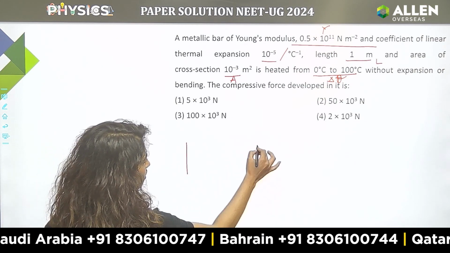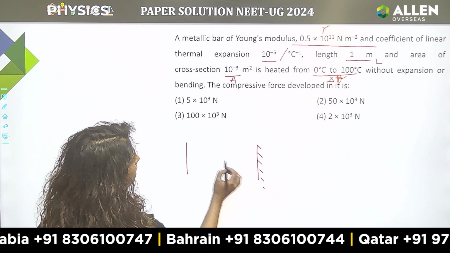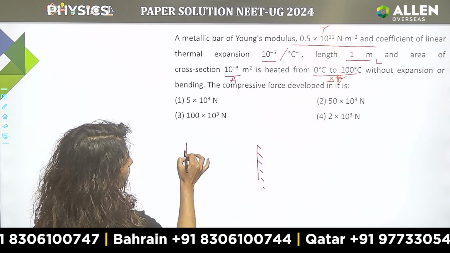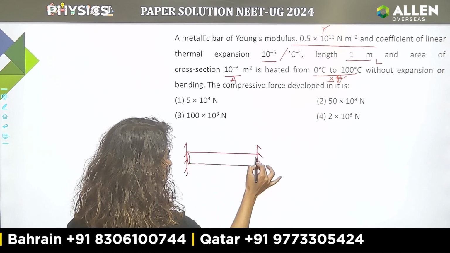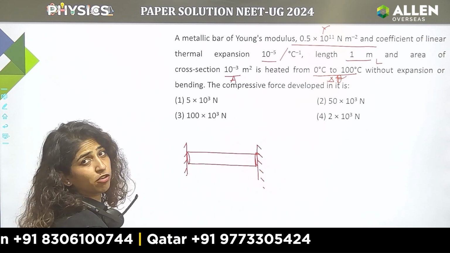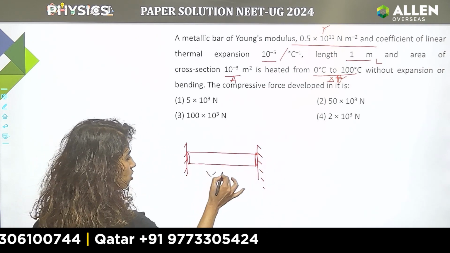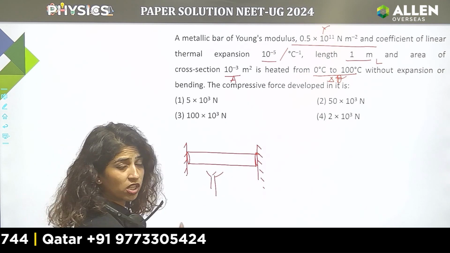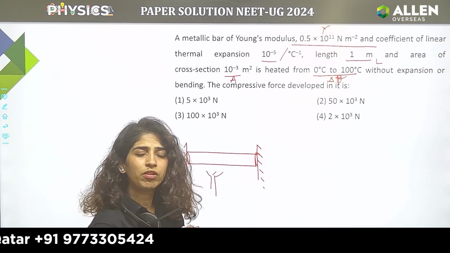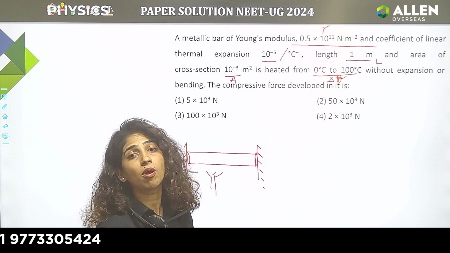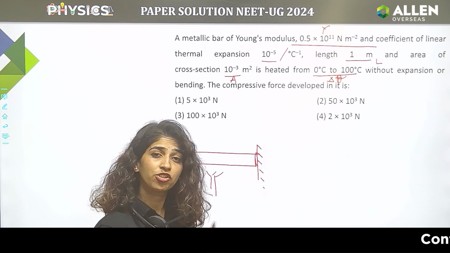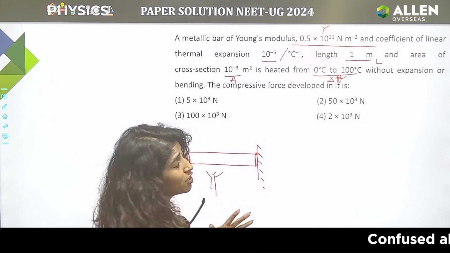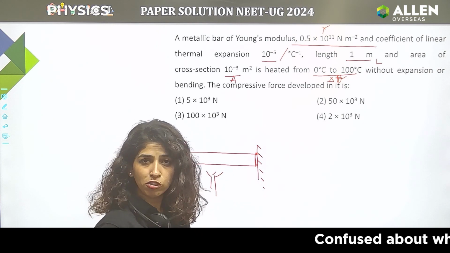Let's understand the question. There is a rod which is fixed from both the ends and you are heating it. So when it's fixed from both the ends and you are heating it, what is going to happen? There is no expansion taking place, no compression taking place. But still there is going to be some force due to thermal stress produced in it. So they are asking us what would be that force which is produced in it.